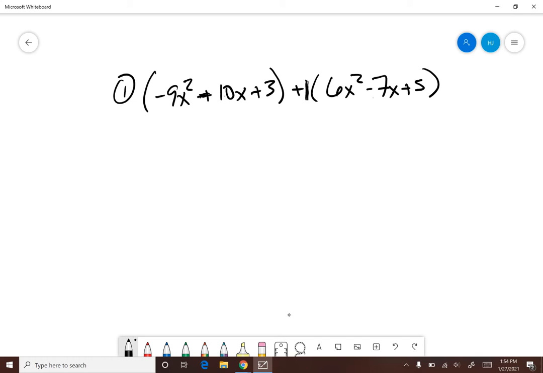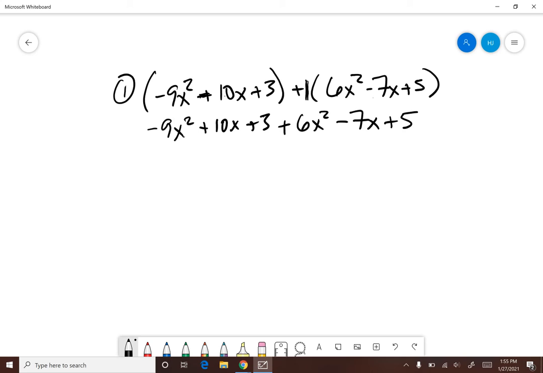So that's not really going to change my problem at all. In this case, I'm going to go ahead and get rid of the parentheses, okay? So I'm just going to rewrite my problem and leave out the parentheses. Obviously, these signs go with these terms, so they have to stay the same. But now I have this big long thing that I need to take care of, okay? So now I really need to understand like terms, okay?